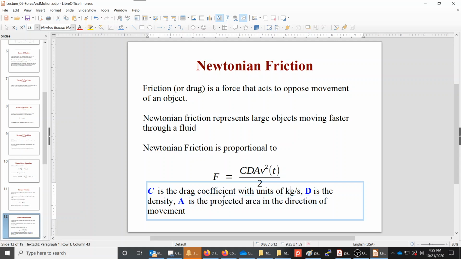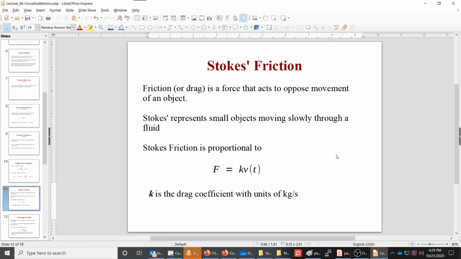All right, so basically if we go back and we look at this example here of K, K is just a general drag coefficient.